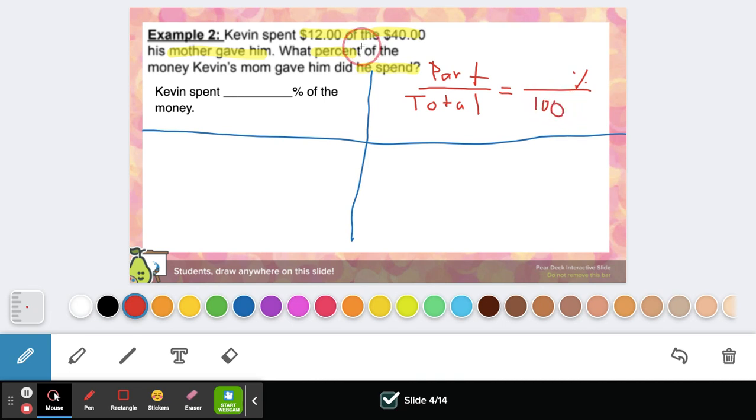Because I am talking about a percent, that's why I have my percent over 100. Percents are always out of 100. So now, with the information that they gave us, I need to set this up.